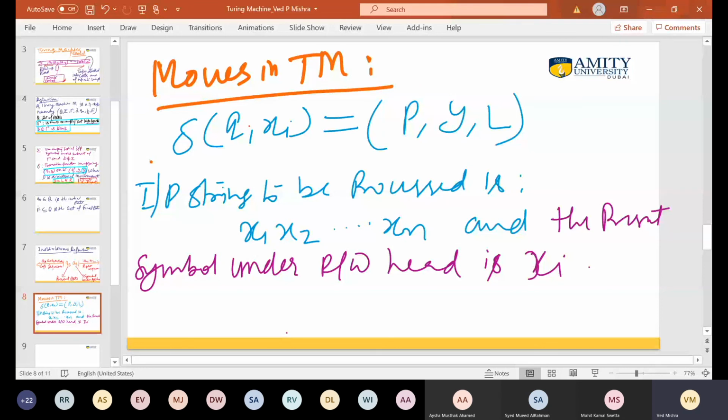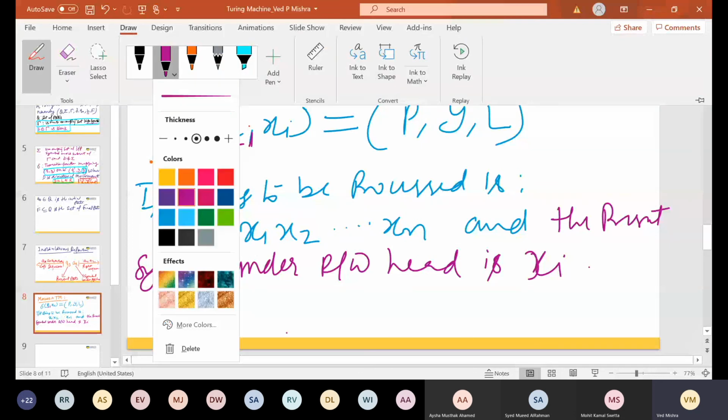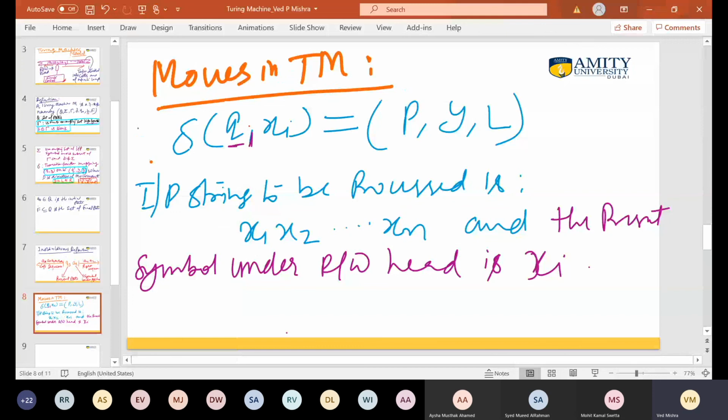So what will you write and how will you write? Currently you have q xi, and you are moving p, y, L. I will write with different colors so that you can identify easily.